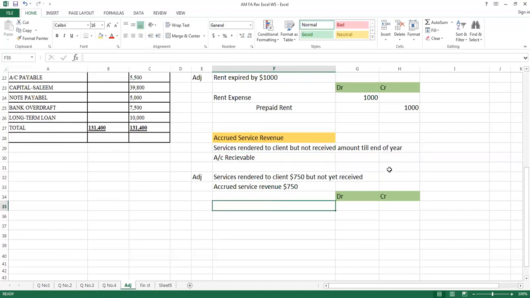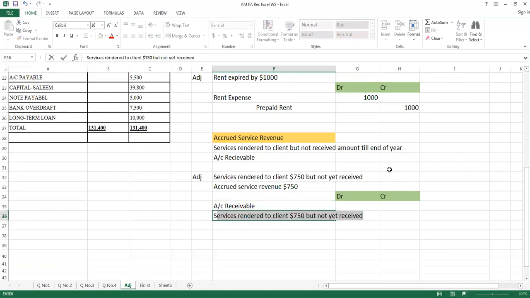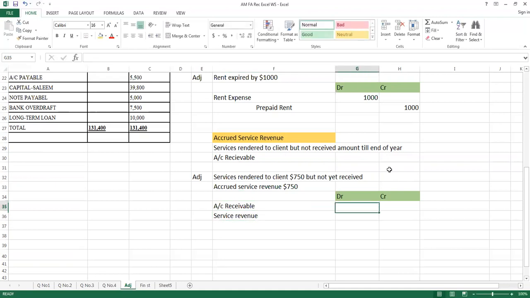So we pass an adjusting entry in which we take account receivable on the debit side and service revenue on the credit side by the amount which is given in the question.